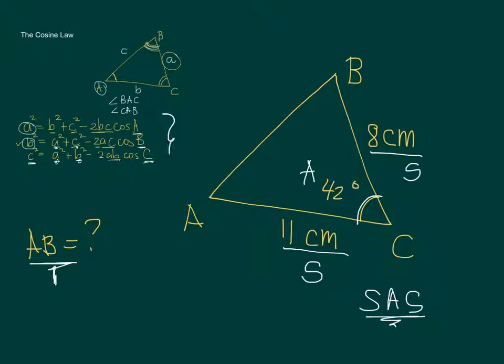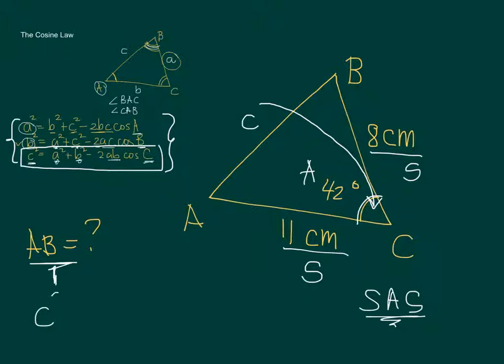If we are going to use the formulas that we have, the side AB is actually your C because it is the side opposite the angle C. So when you pick the equation among the three, the equation that you will use will be the third one. So we have C square is equal to A square plus B square minus 2AB cosine of the angle C. And all we have to do is to place the corresponding values.